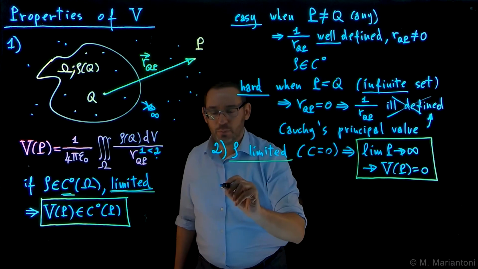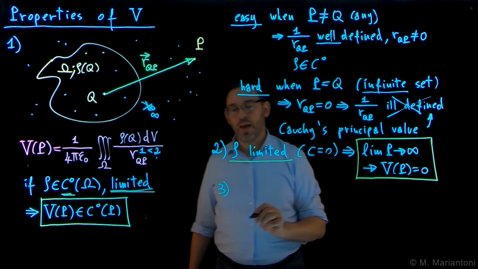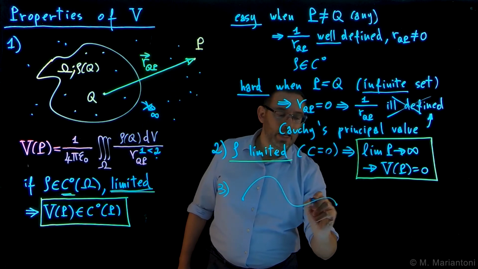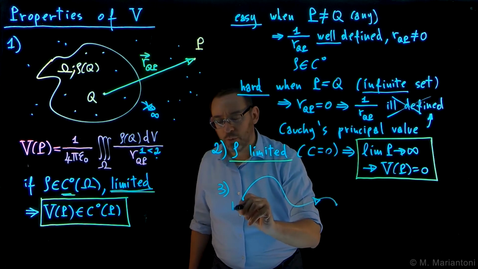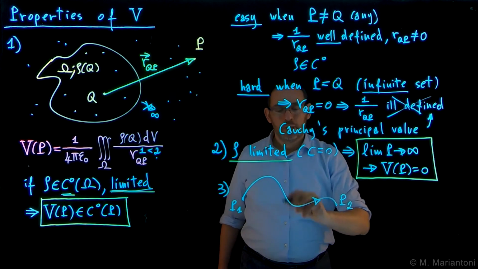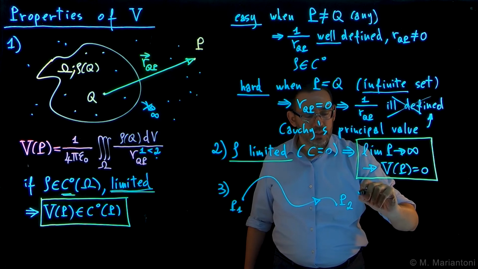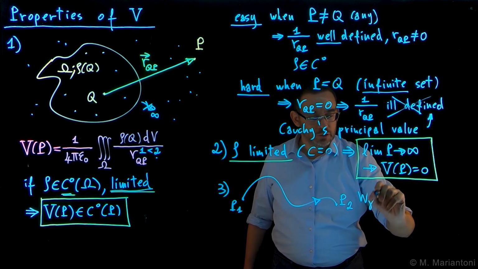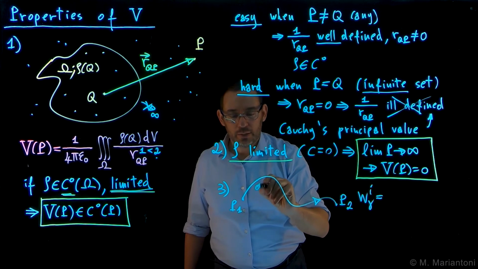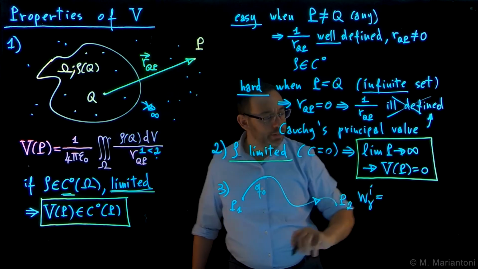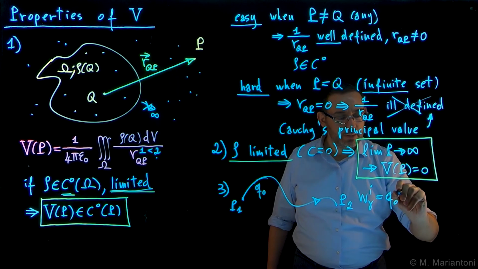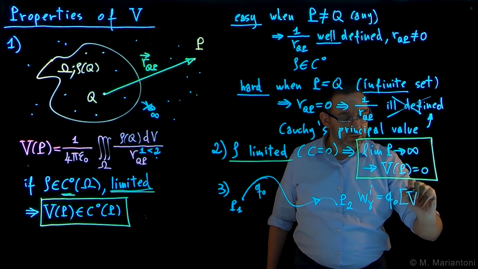The third important property you need to remember is that if I consider a line gamma that goes from point capital P1 to point capital P2, the work due to the field forces, so the internal work, to move a particle Q naught along this line is given by using the electrostatic potential: Q naught times the electrostatic potential where?